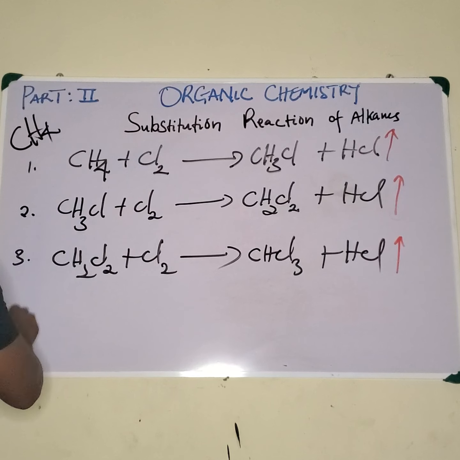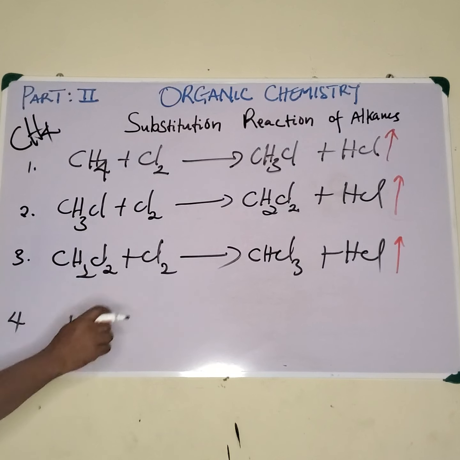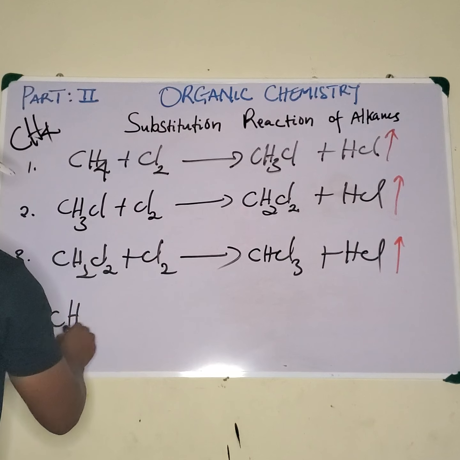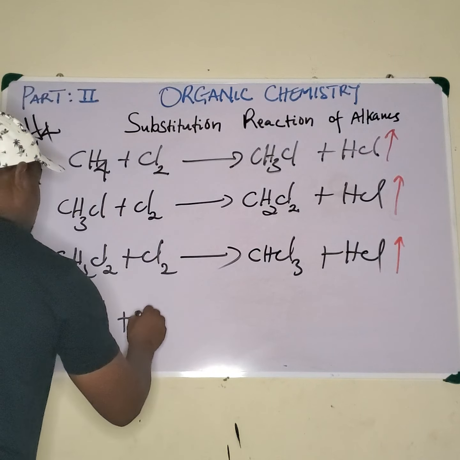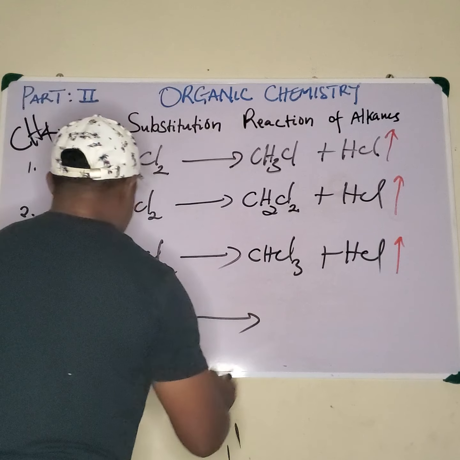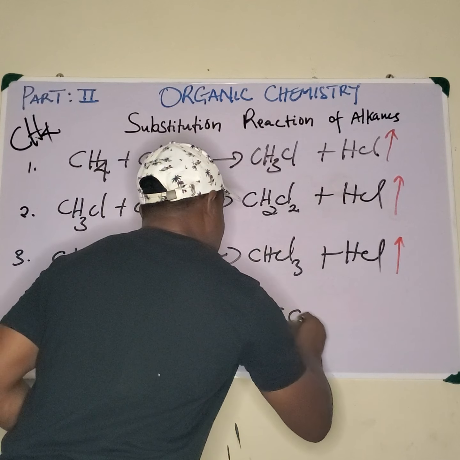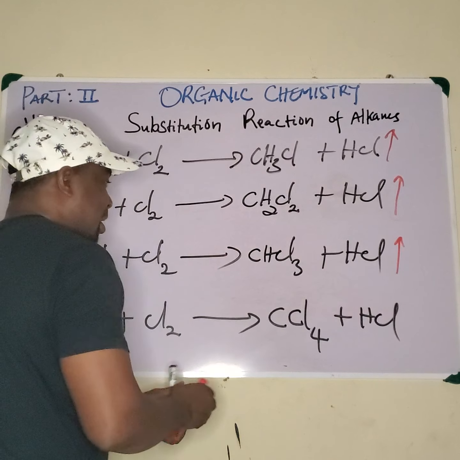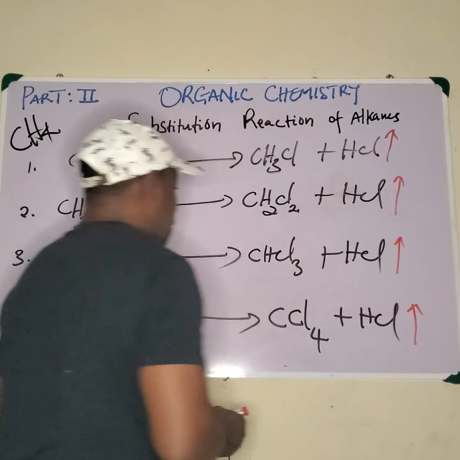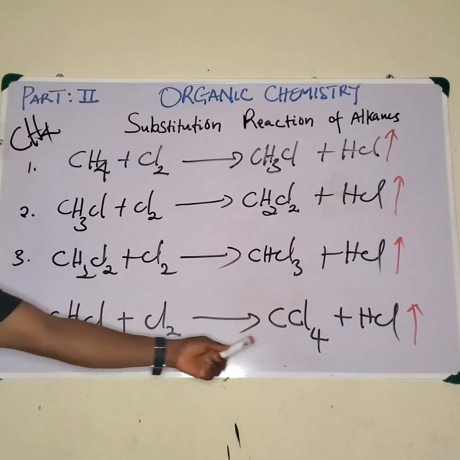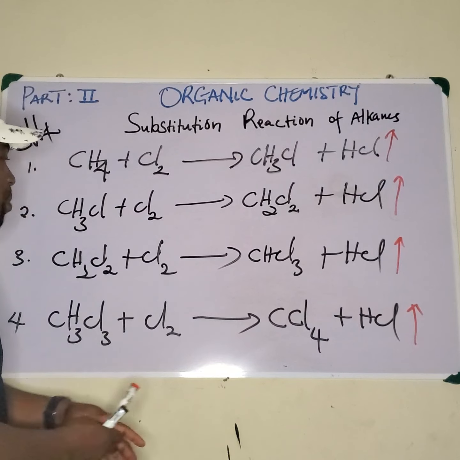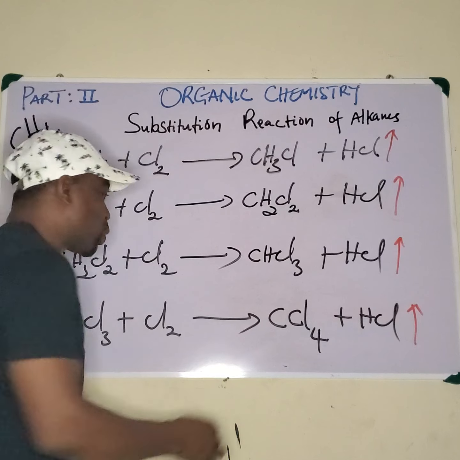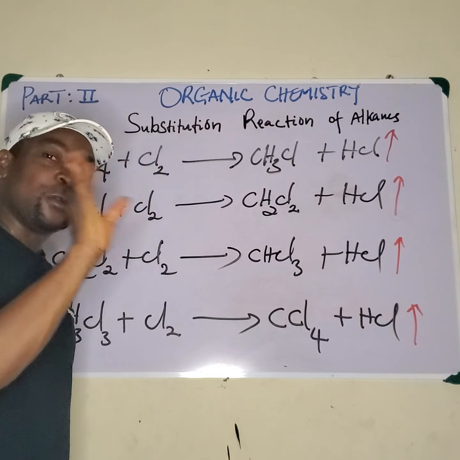The last but not the least, which is very important, is where chloroform is formed. Now this one is subjected to the same reaction, and we are going to have CCl4 plus HCl. If I want to name this, it will become tetrachloromethane, because we have four chlorine atoms.